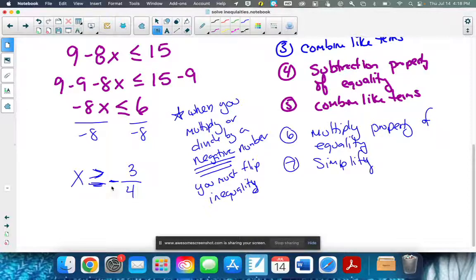All right, so I need to graph this. Okay, and take a look, please, that my answer is negative. So we've got 0, -1, -2, +1, +2.